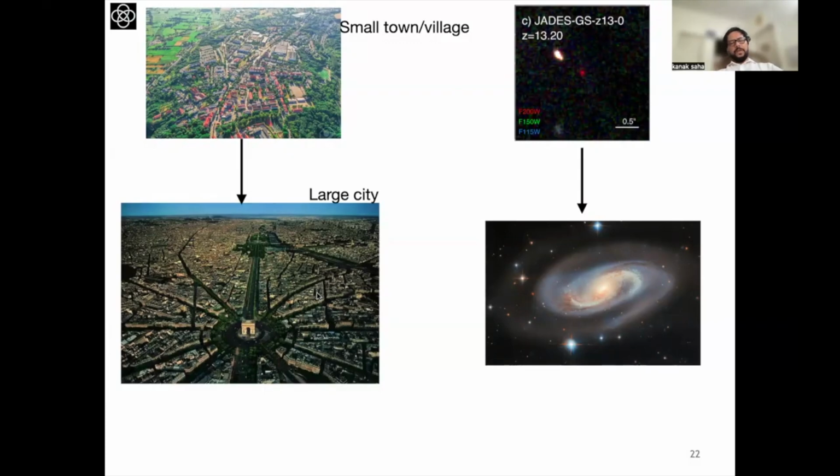Of course, this city did not grow in just one day. It expanded over many years and hosted multiple cultures, a diverse population.